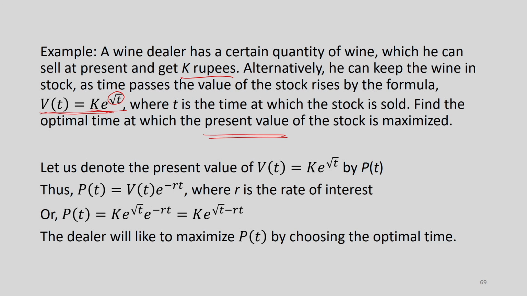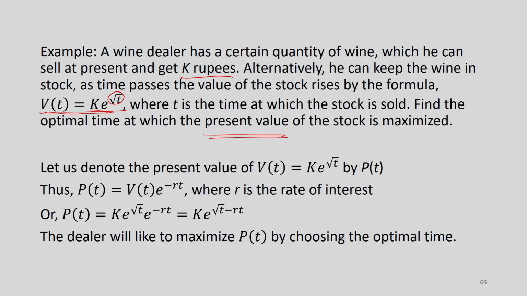As time passes, the value rises. Now, the question is the following: if this seller wants to maximize the present value of the stock, right, his problem is he wants to maximize the value of the stock, not at the point where it is being sold, but its present value. Present value means standing at the point t equal to 0, which we have discussed earlier, how to calculate the present value.